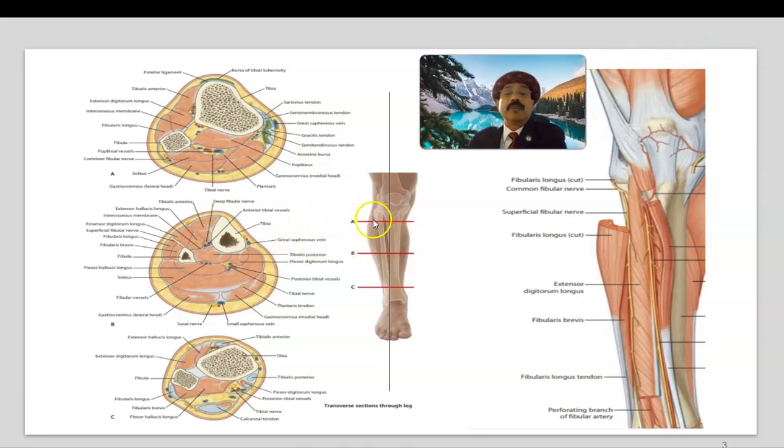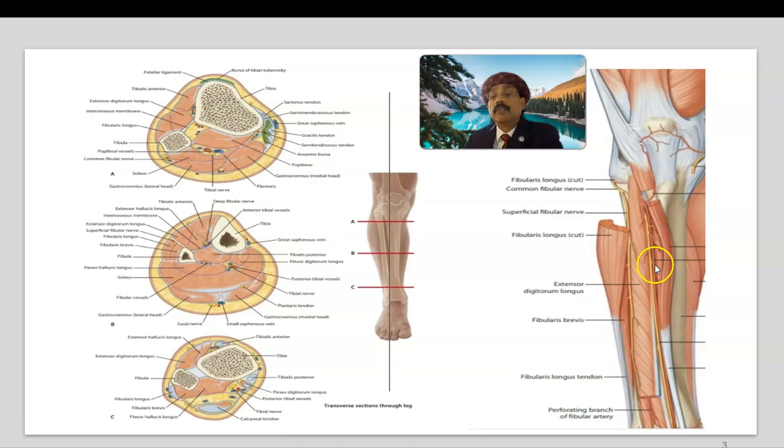So suppose we have a fracture here, then the common fibular nerve will be involved. The deep fibular nerve will not function. The anterior tibial artery will be compressed. The venous return will be jeopardized. So the muscle will go through ischemic changes and necrosis.